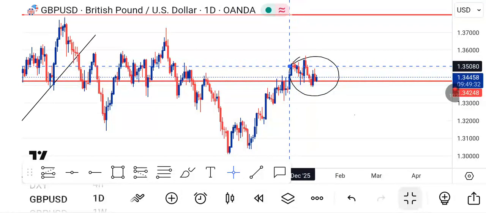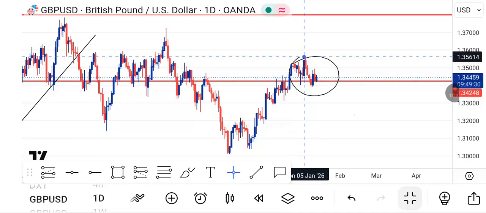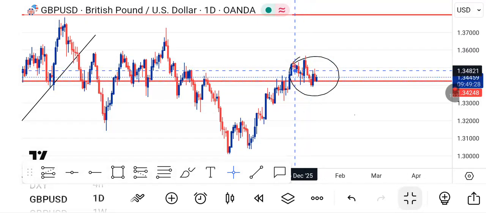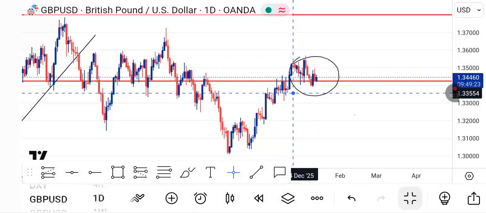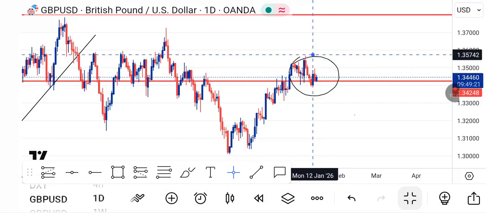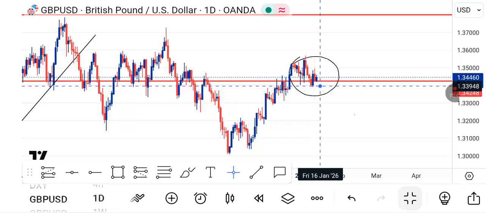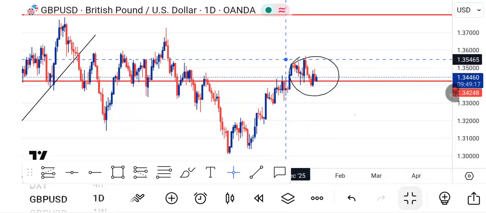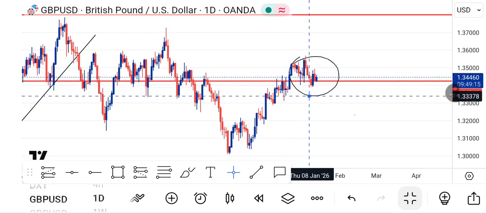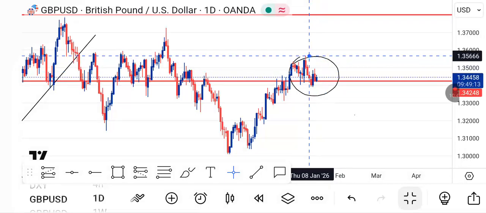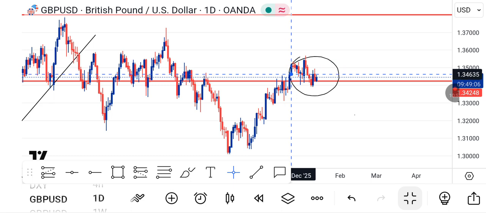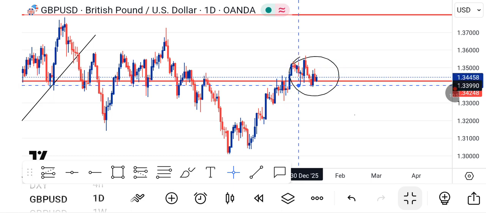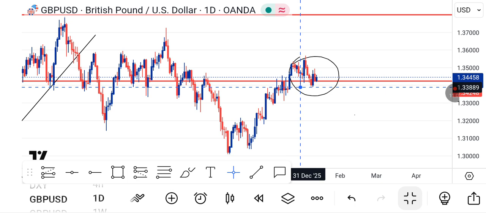When it moves, it comes back to test this place before moving up, then comes back to test again. For me, it is in a choppy phase right now, trying to find directional movement. When a particular pair is moving like this, the best thing to do is just stay away. You don't need to go to a lower time frame to do further analysis, because they say the trend is your friend.